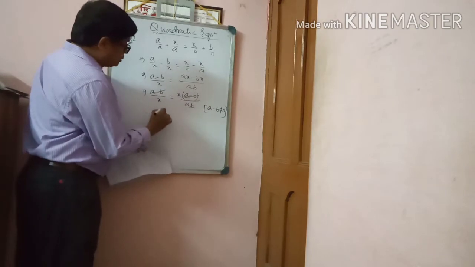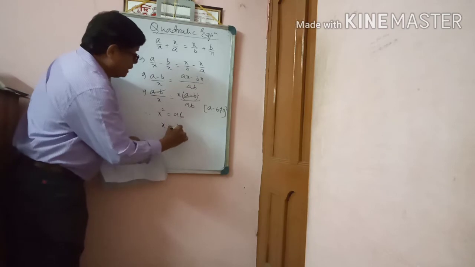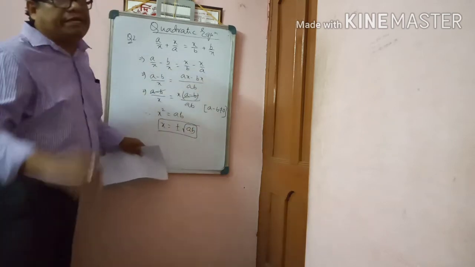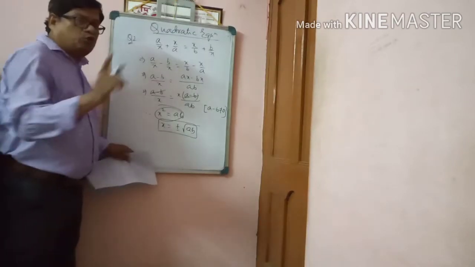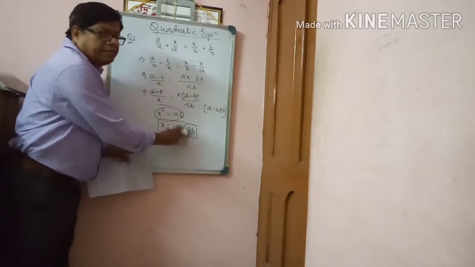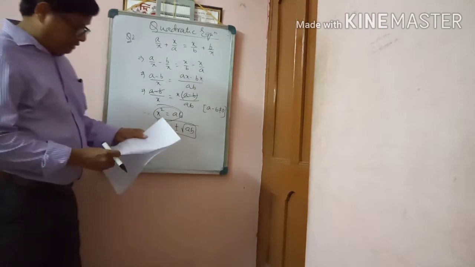So write x square equal to ab, then x equal to plus minus root ab. Don't write only plus or only minus. Two values will come, so x equal to plus minus root under ab. Okay, next.